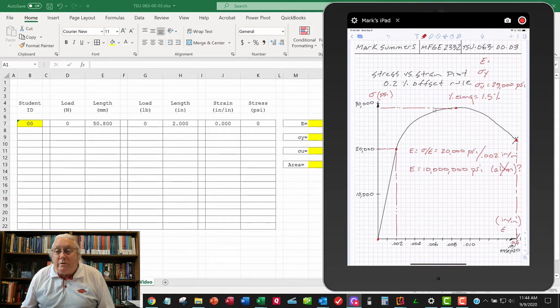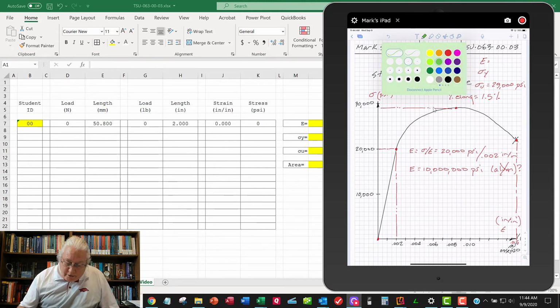All right, now let's calculate yield point. And as we talked in class, the yield point is defined as the point where you get increased strain without increased stress. And that's where we saw that little wiggle on the stress strain curve. This doesn't have a spot that defines that point, so we're going to use what's called the 0.2% offset rule. So here's how that works.